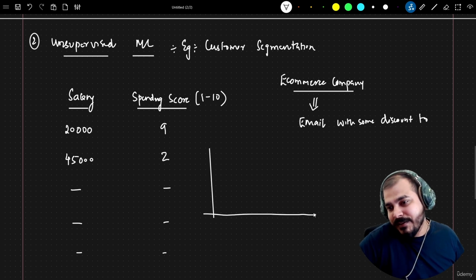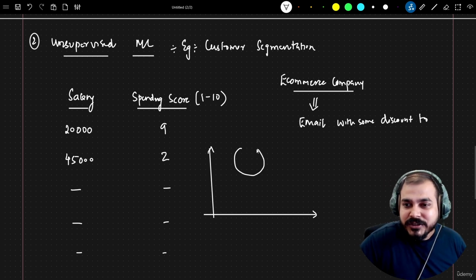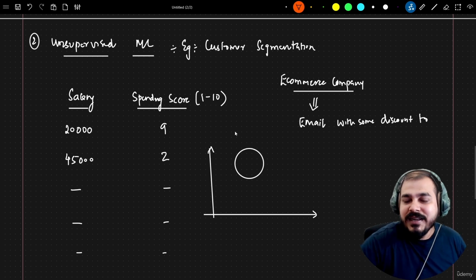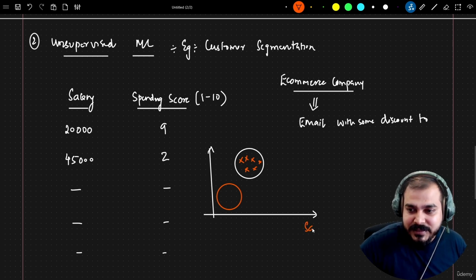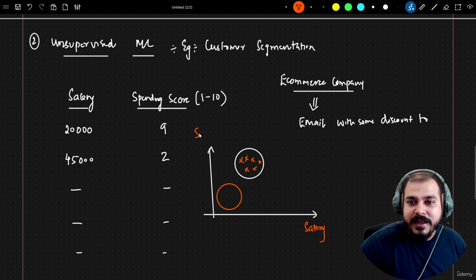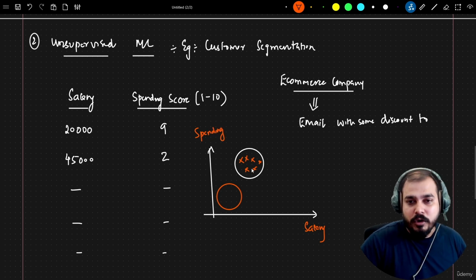So let's say, what we do is that we create similar clusters. Let's say this group is the group which has higher salary and which are spending more. Let's say I have one more group. These are basically having less salary and they are spending. See, if I say salary over here and spending over here, right? So these are the people who have median salary and they spend more, right?